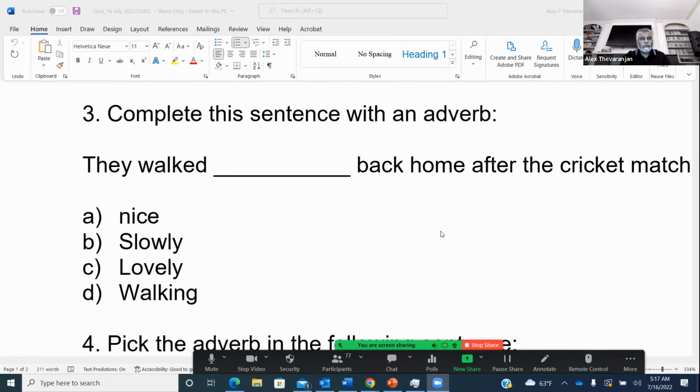Okay, good. They walked slowly back home after the cricket match.